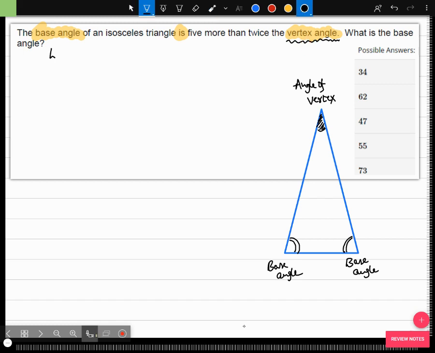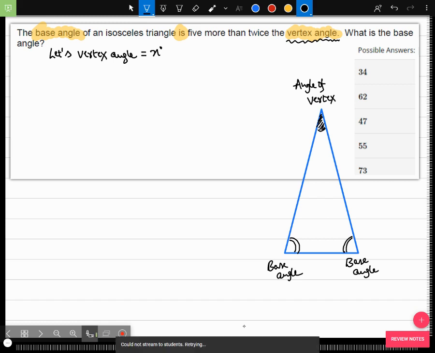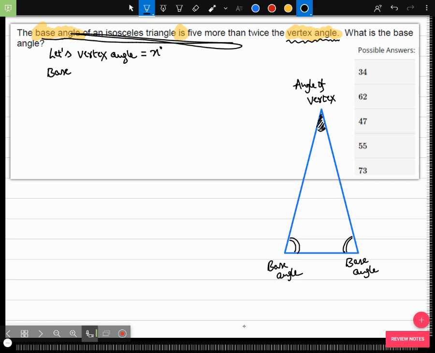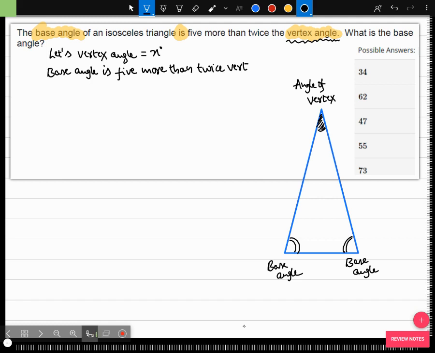Therefore, let's say vertex angle equals x degrees. Then base angle equals, I'm writing the whole statement, base angle is 5 more than twice vertex angle.